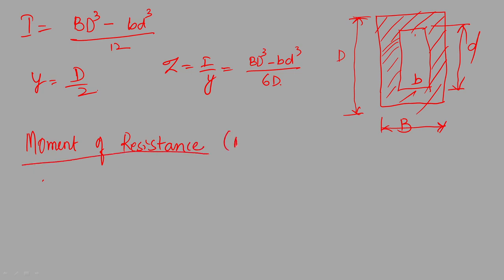This is called as MR. So moment of resistance is the resistance, that means the maximum bending moment that a beam can withstand. The maximum bending moment a beam can withstand without failure is called the moment of resistance.